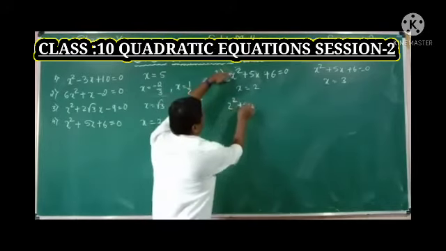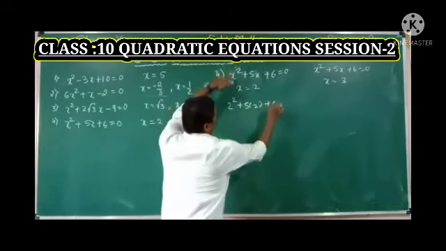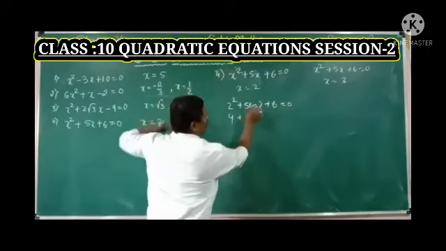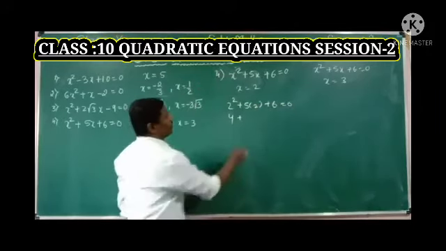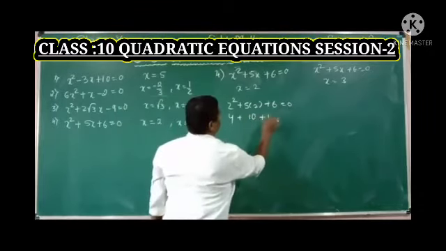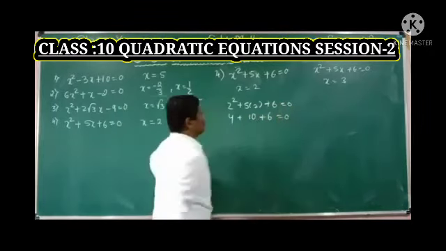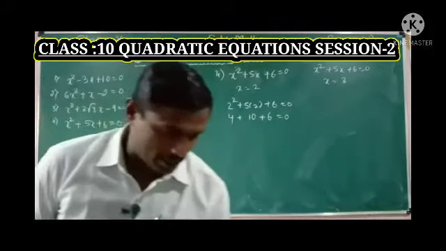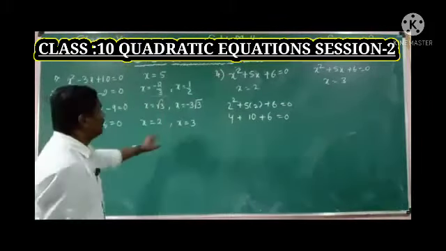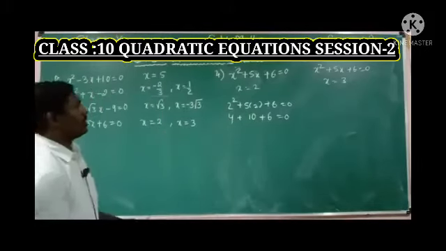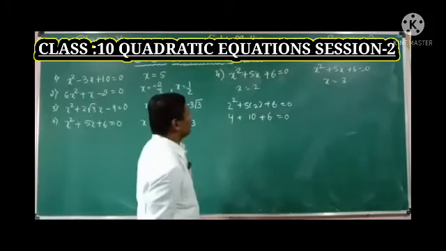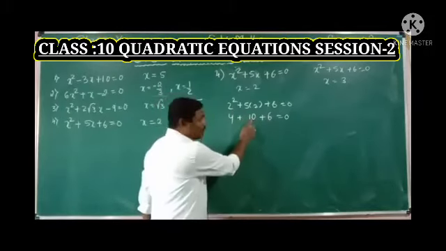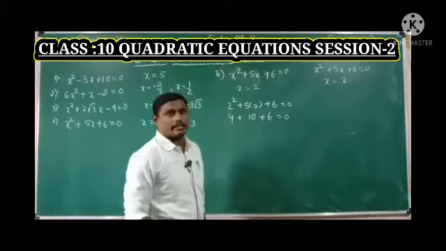2 square plus 5 into 2 plus 6 is equal to 0. Here 2 square is 4, plus 5 2s are 10, plus 6 is equal to 0. Check whether the given roots are satisfying the quadratic equation or not. 4 plus 10 is 14, 14 plus 6 is 20.